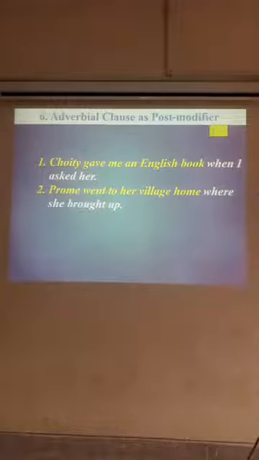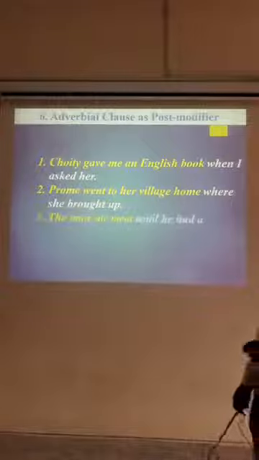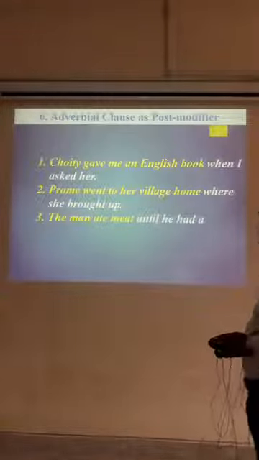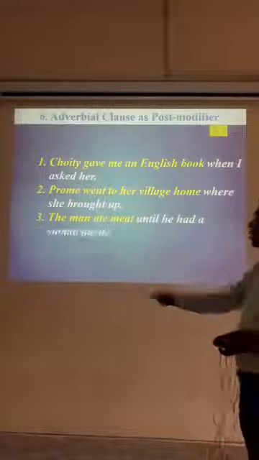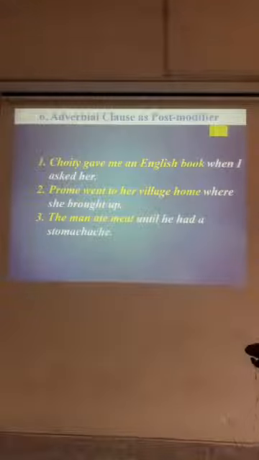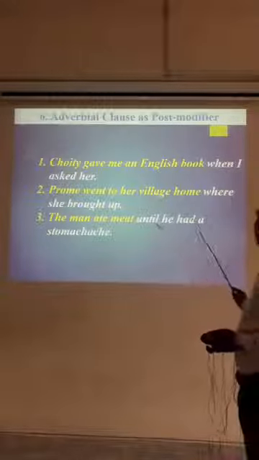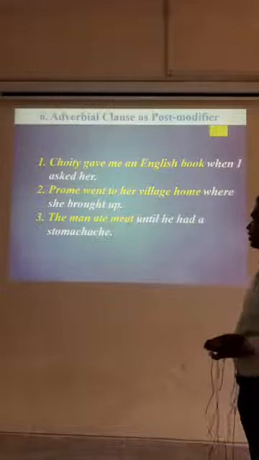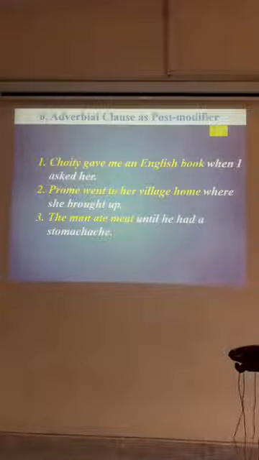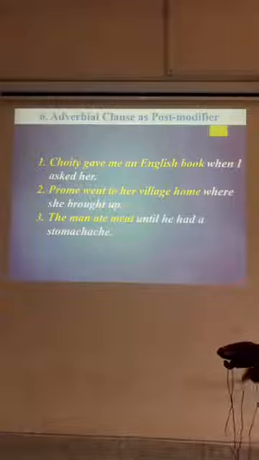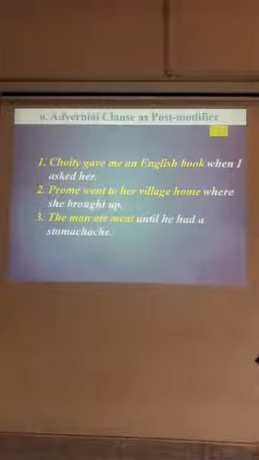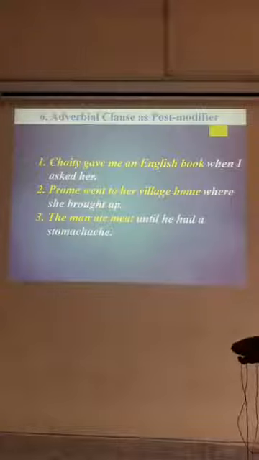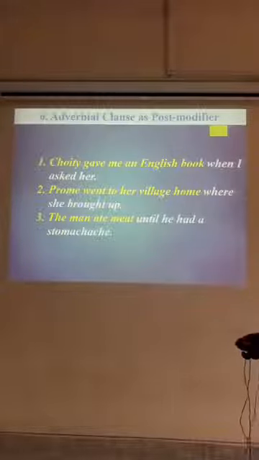Now number 3, the man ate meat until he had a stomach ache. That means "until he had a stomach ache" is a clause, and it says something about the word ate, and it is used there as post modifier.